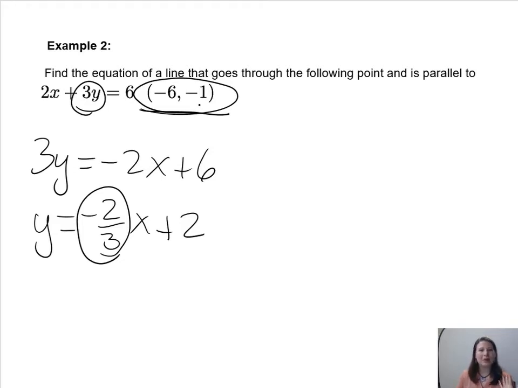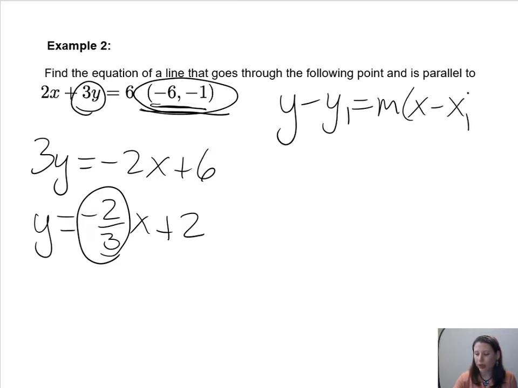Now, let's think about what we have. Do we have an intercept? No, because this does not have a 0 x. So we have a point and a slope. We have an equation that's called that. So let's use that one. It's a little easier and straightforward to plug into. So remember, that's y minus y1 is equal to m times x minus x1. Now, if you're more comfortable plugging into the slope-intercept form and finding b, then feel free, go ahead and do it that way.